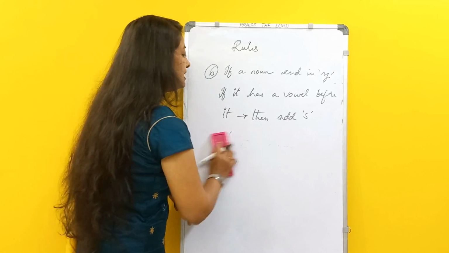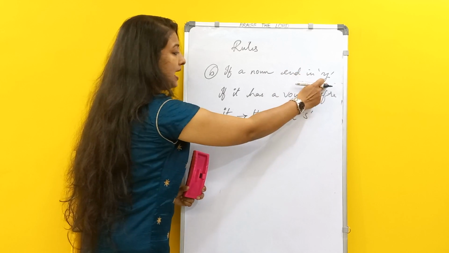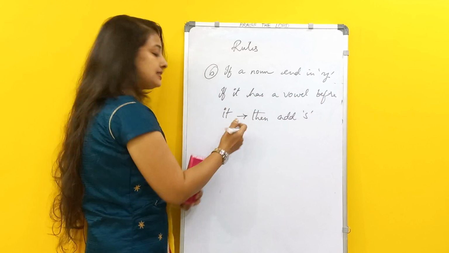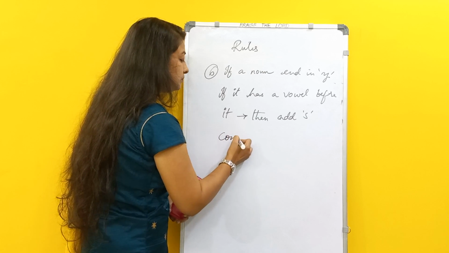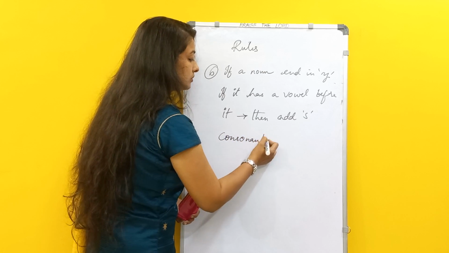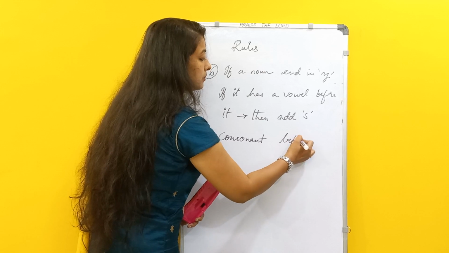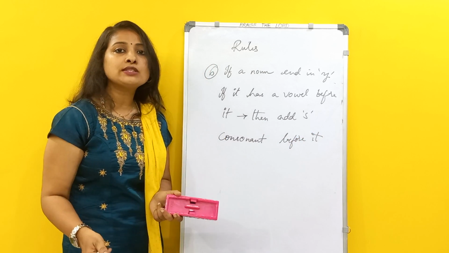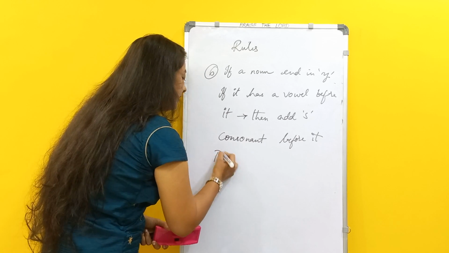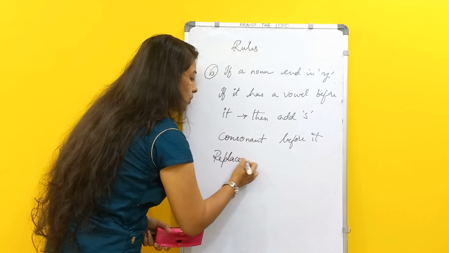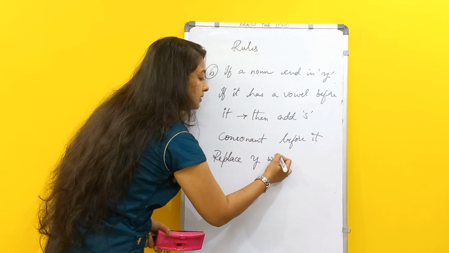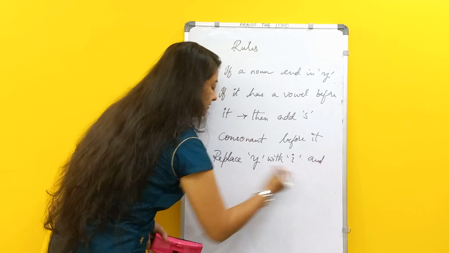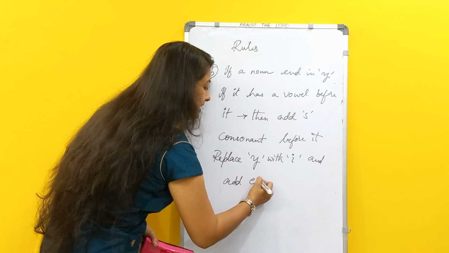But suppose a noun is ending in Y and if it has a vowel, we are adding S. If it has a consonant before it, then what are you supposed to do? Replace Y with I and add ES.